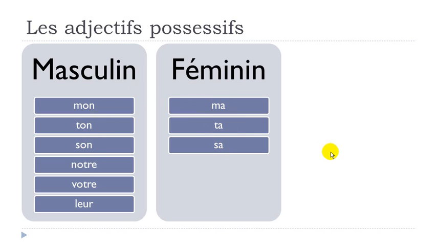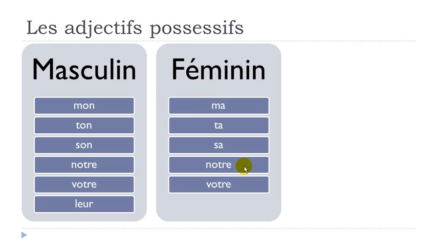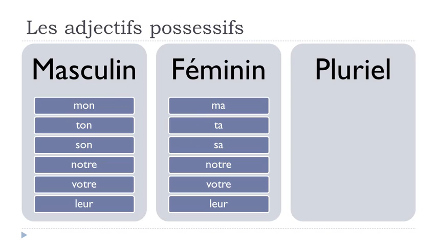And the good news is that notre is the same, votre is the same, and leur is the same. So you don't really have a difference between these three persons. You will have to use the same adjectif possessif. So the only difference is there: mon, ton, son, ma, ta, sa. And now let's see the plural part here.